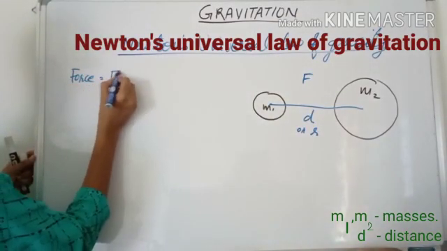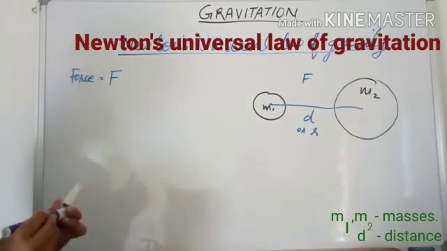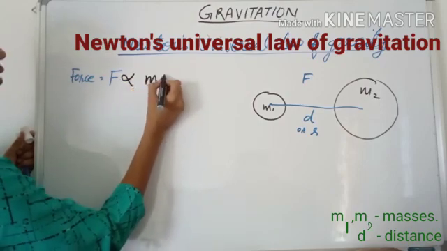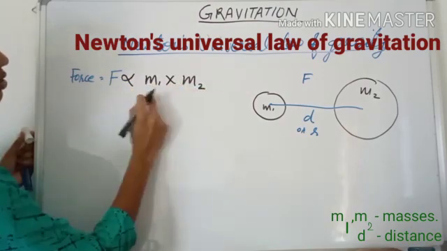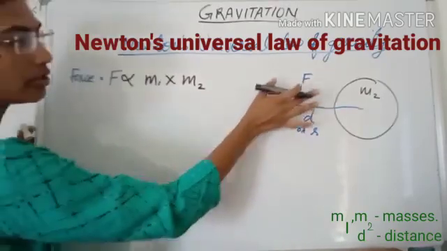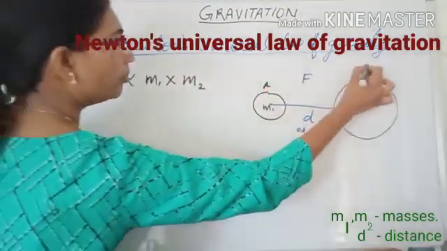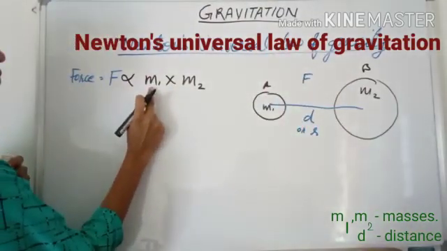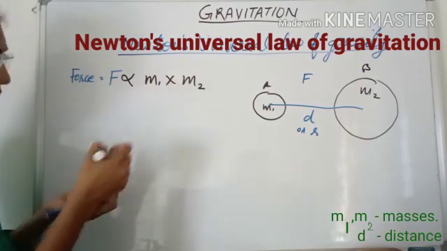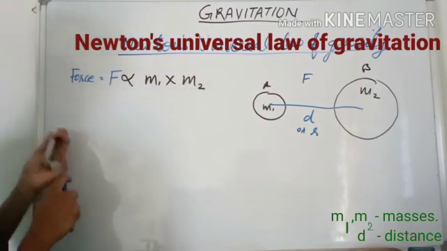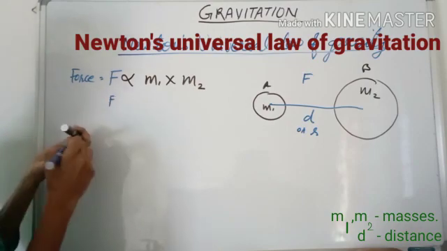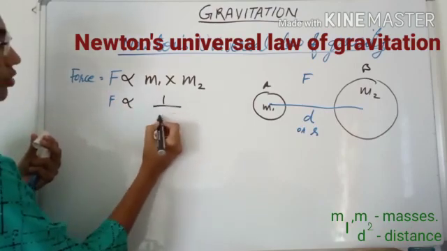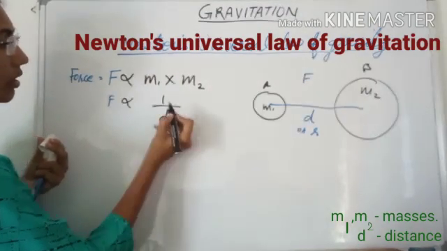This force is directly proportional to the product of the masses of the two objects. So the force between object A and B whose masses are m1 and m2 is directly proportional to the product of m1 and m2, and inversely proportional to the square of the distance between them.